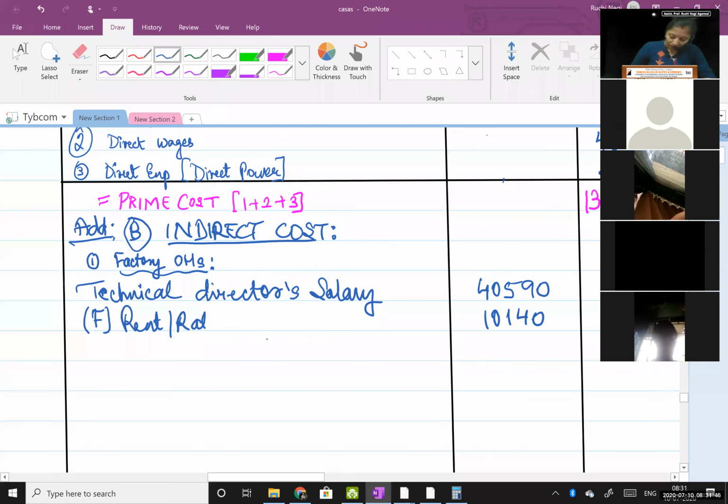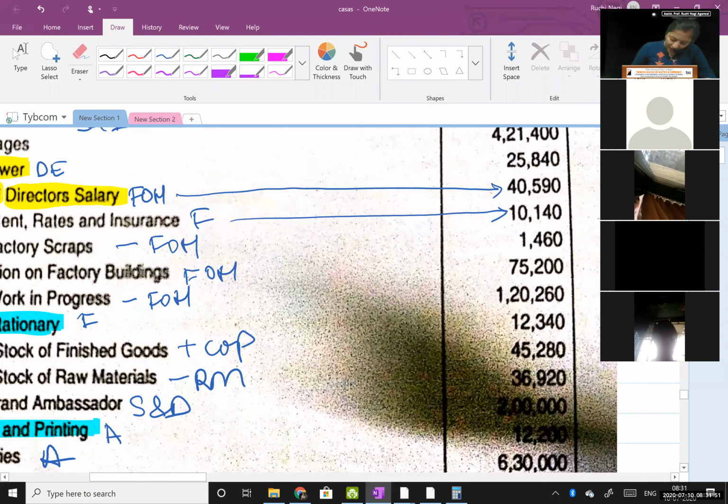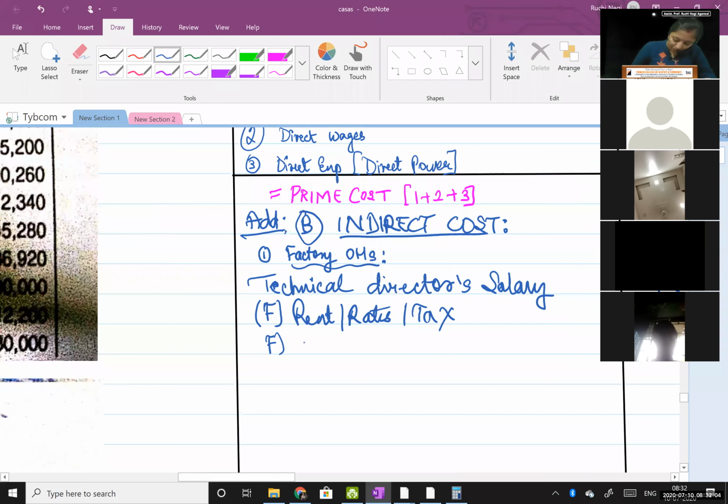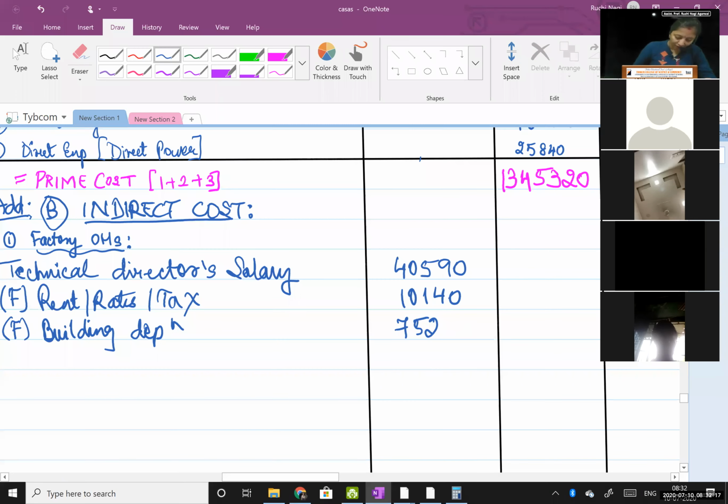Okay. Next, factory scrap for the last one we will deduct. Then depreciation on factory building, 75,200. Factory building depreciation, 75,200.